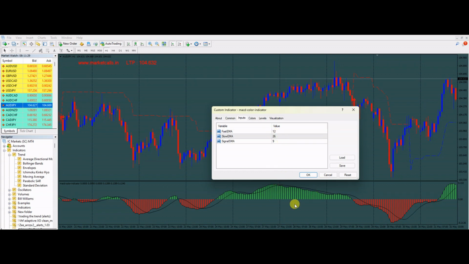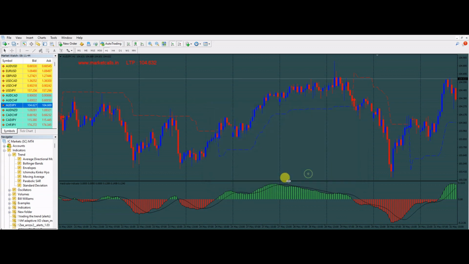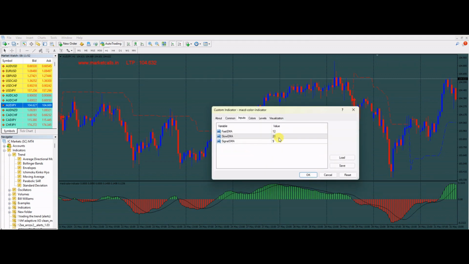Let's assume we make this 12, and we decide to make this one 28, and we leave the signal as 9. You will see there is a movement on the indicator, because the settings have changed. But for this training, I will be using the default settings, which is 26.